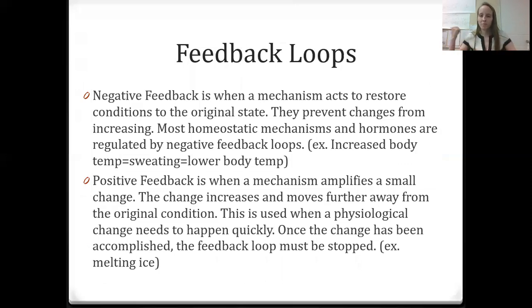So a ton of these hormones, if you have too much of the hormone or too much of a product of a gland building up in the blood, you'll have a negative feedback loop that's going to cut off the release of that hormone or the release of that substance from a gland. So that is a negative feedback loop. Whatever is happening, as that product builds up, it'll cut off the production of that product.